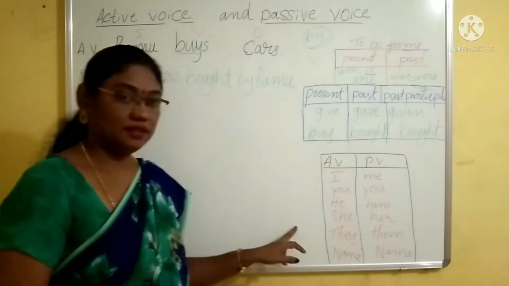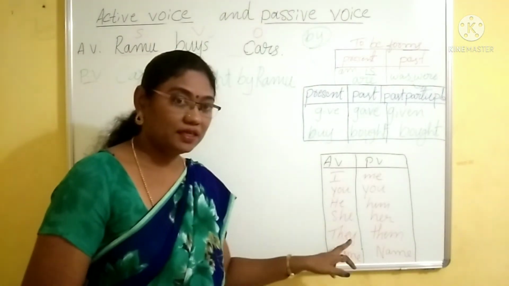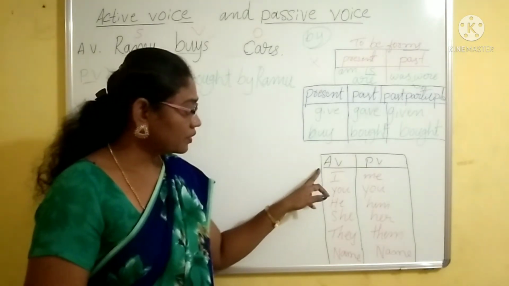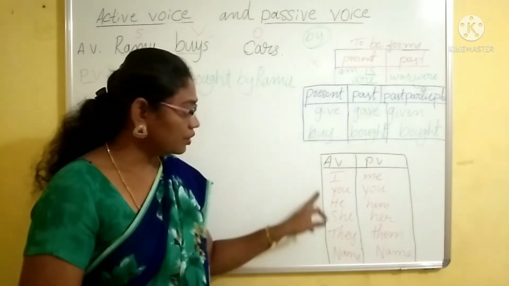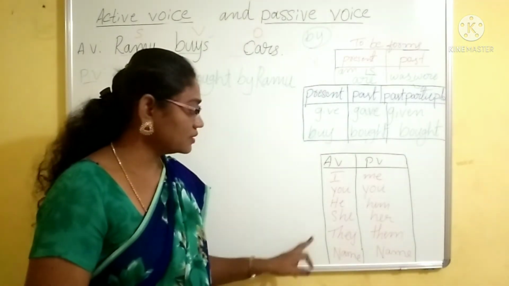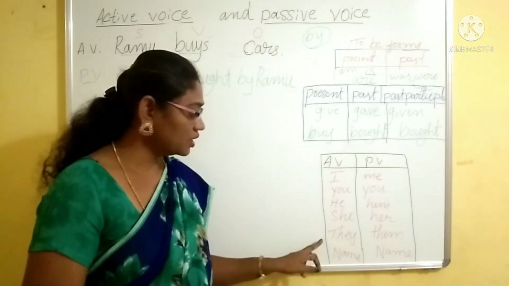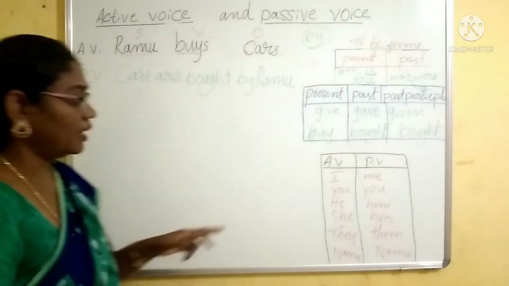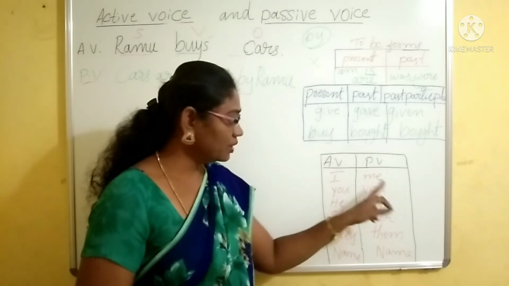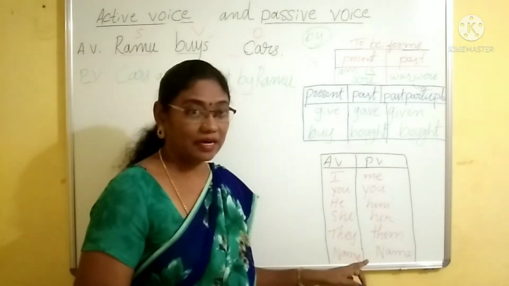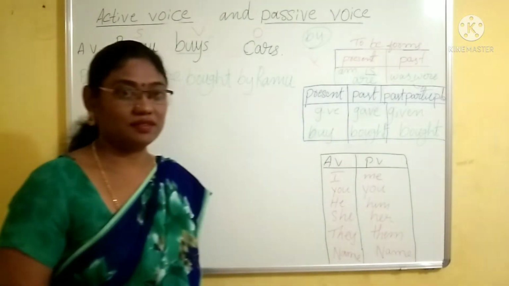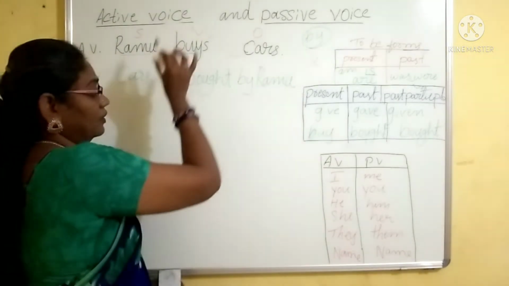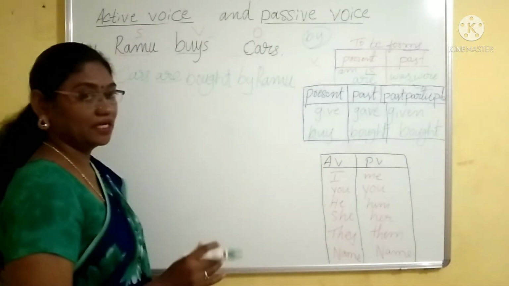And what are these? I have written here some pronouns. When the pronouns I, you, he, she, they, name are used in the place of subject in active voice, they will be changed into me, you, him, her, them, name in passive voice. I will be changed into me.